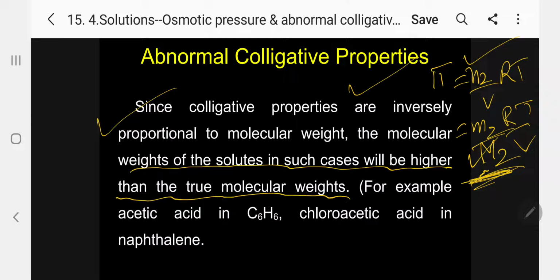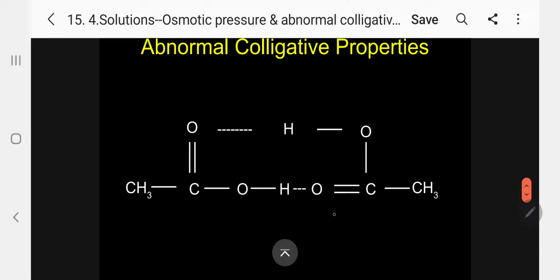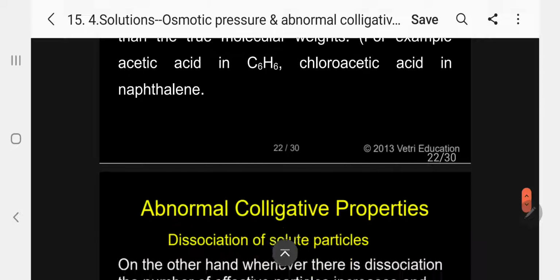So when we are calculating the molecular weight, whenever there is association, the molecular weight will be higher than expected, higher than the true molecular weight. This is the importance. For example, acetic acid in benzene solvent, I showed you already. In the presence of benzene as solvent, acetic acid undergoes association.